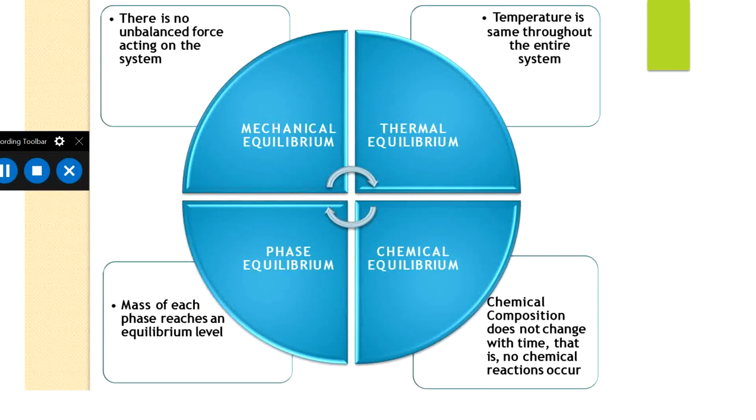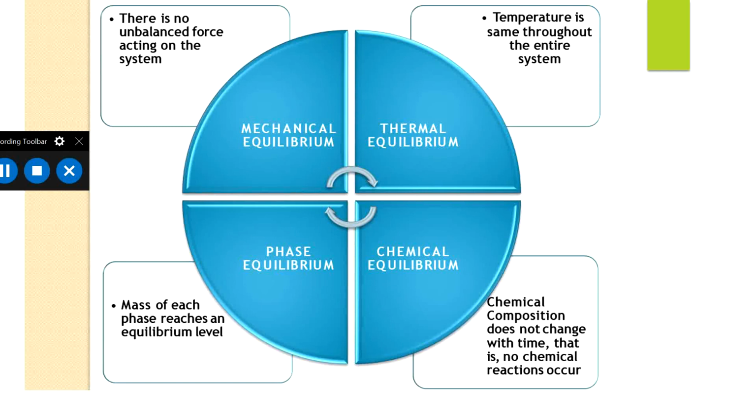When a system is in mechanical equilibrium, there will not be any unbalanced force acting on the system, or the total force acting on the system is balanced. Then we can say that the system is in mechanical equilibrium.